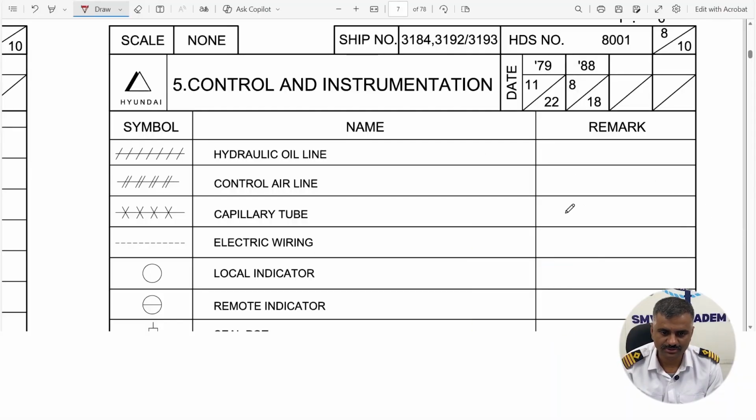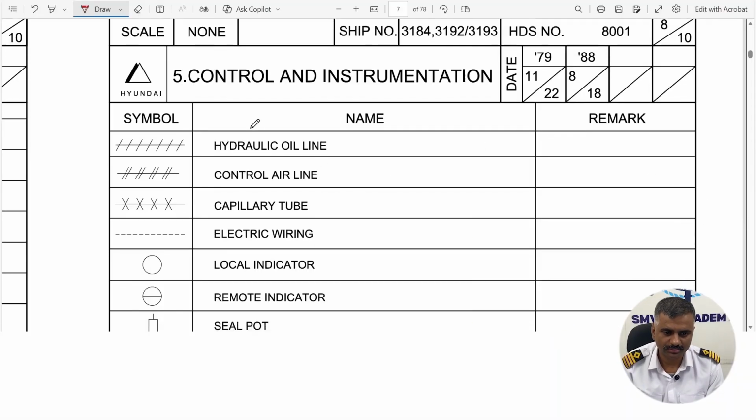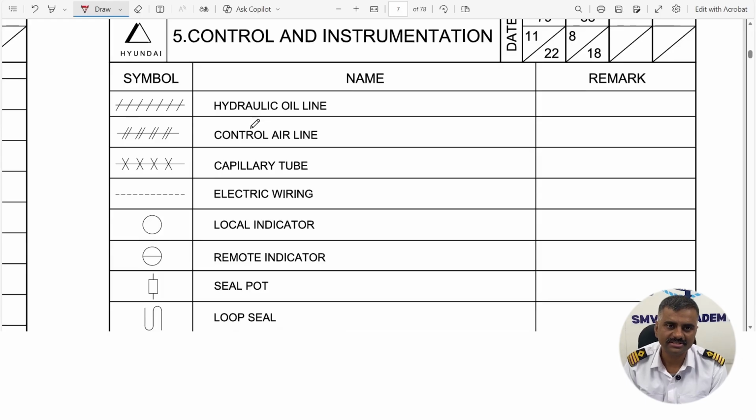Hello guys, now we will study the fifth part in this symbol list. This is about the control and instrumentation. The lines are either operated by hydraulic oil, or by air, or maybe they are operated by steam or something like that.